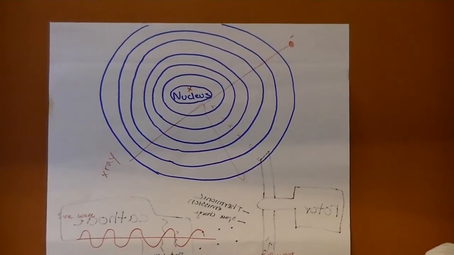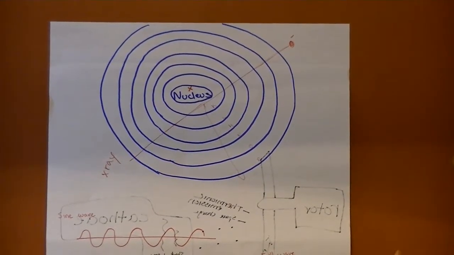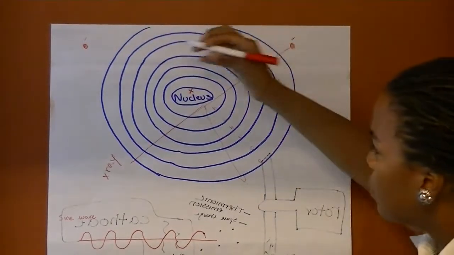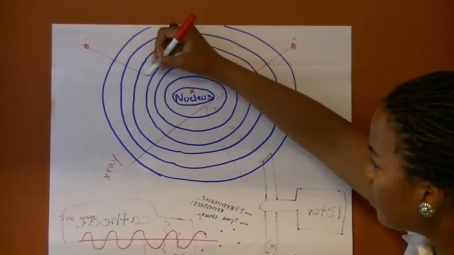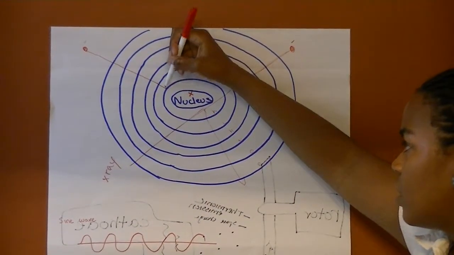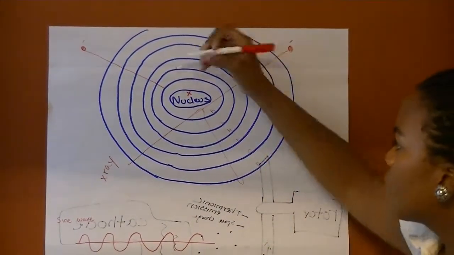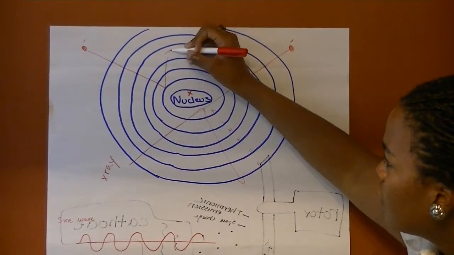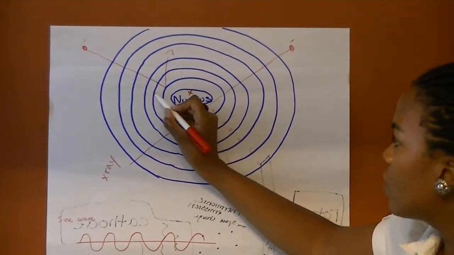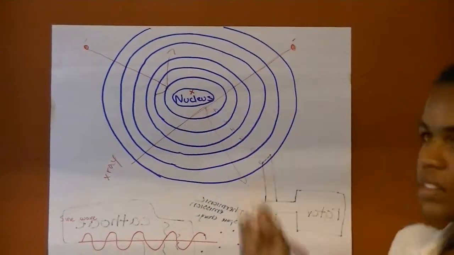The next way is called characteristic production, and our projectile electron is going to come in and replace an electron all the way on our K shell of our electron cloud. So it's going to kick out an electron from here, and another electron from one of these other shells is going to come in and replace it.